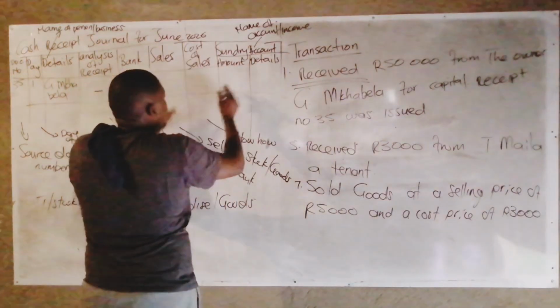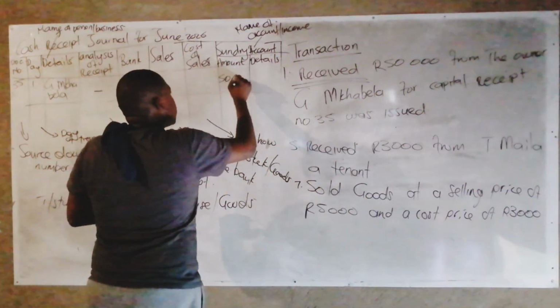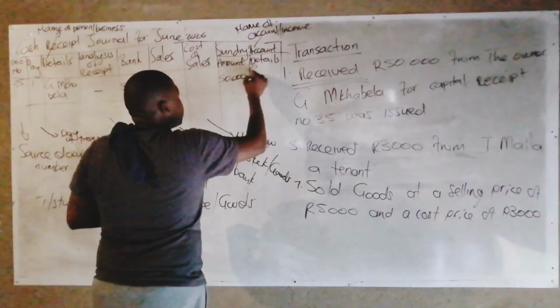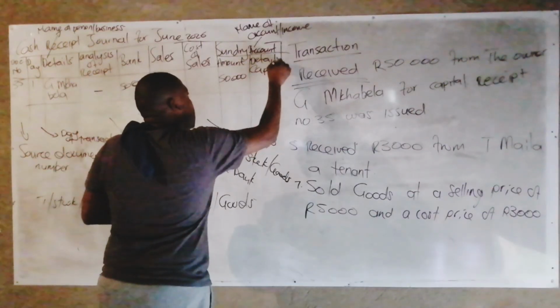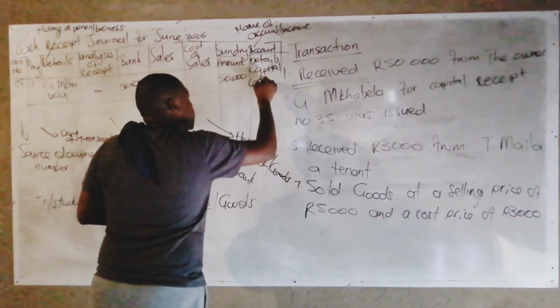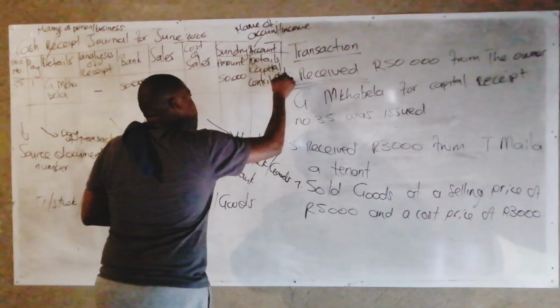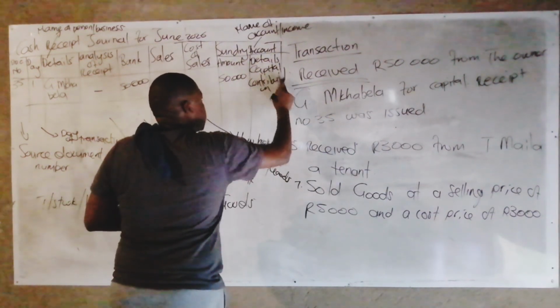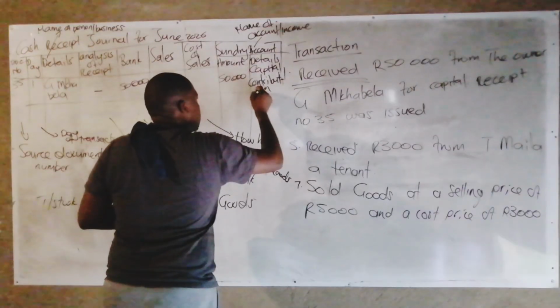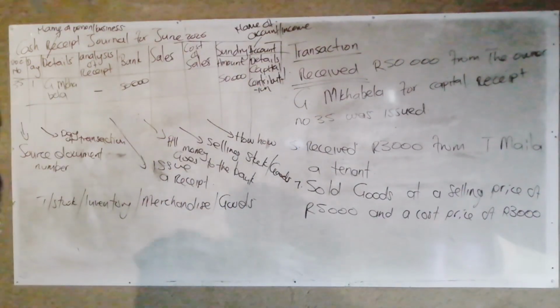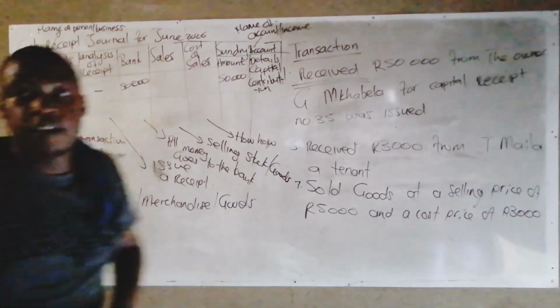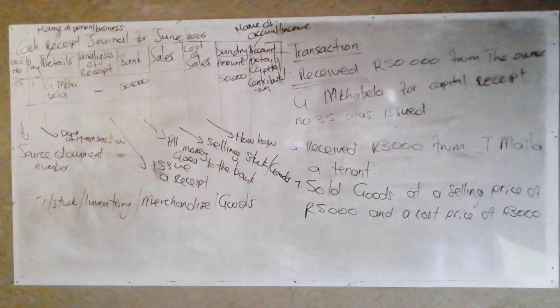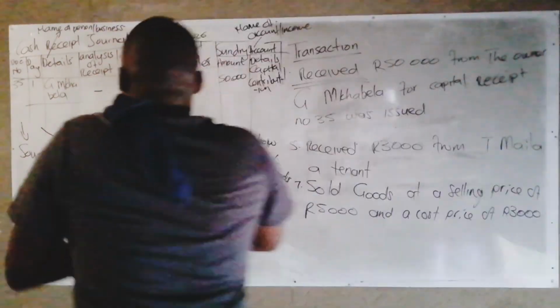Then this one doesn't have a column here, so it will go to the sundry account. Then it's for capital contribution. The owner contributed capital. Sorry for having a small space, guys. Okay.